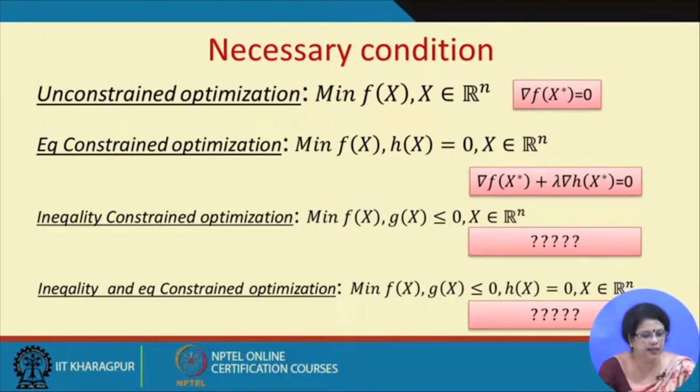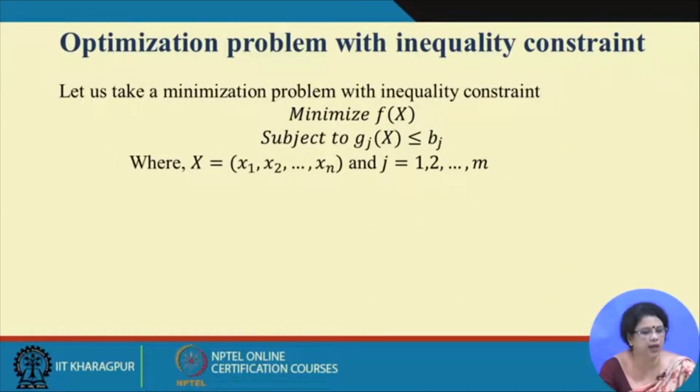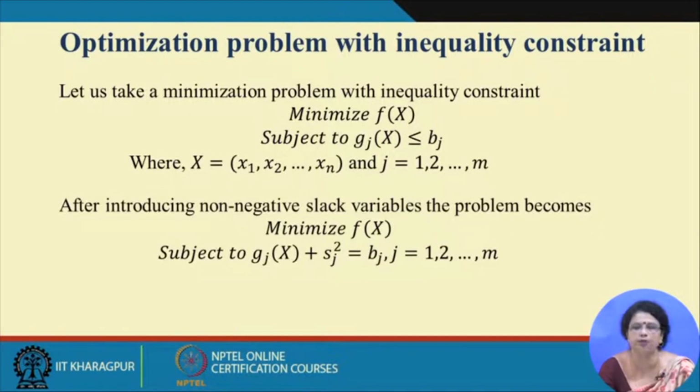Now, in continuation to my previous class where I dealt with the equality constraint optimization problem, we are here to find out what will happen when we have m number of inequality constraints. As you have done in linear programming, whenever you have an inequality constraint, you introduce either a slack variable or a surplus variable, depending on whether the inequality sign is less than or equal to or greater than or equal to.